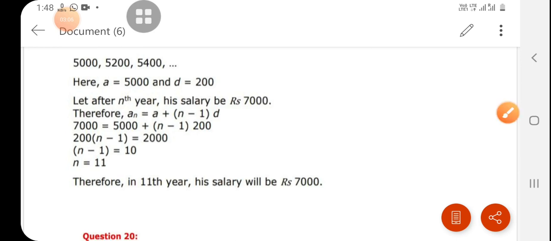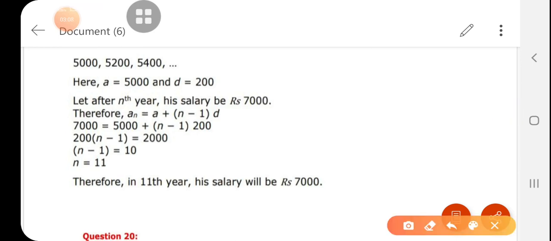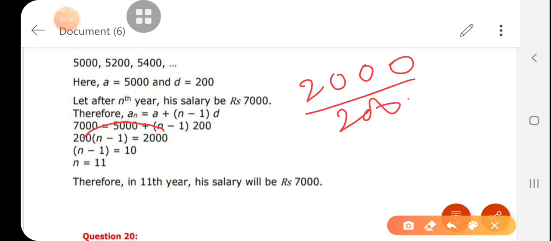Again transpose 200 from left to right, it will be divided. So 2,000 divided by 200 will be 10. So n minus 1 will be 10. Transpose minus 1 from left to right, it will be plus 1. So n is equal to 11.